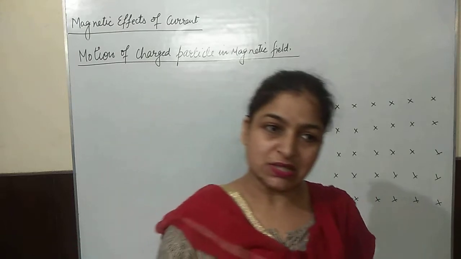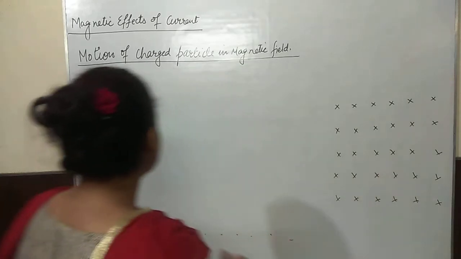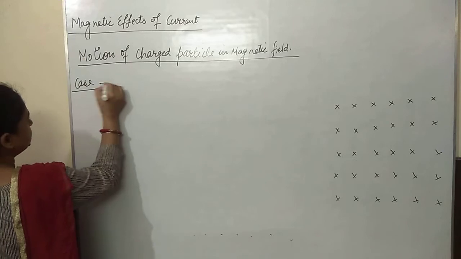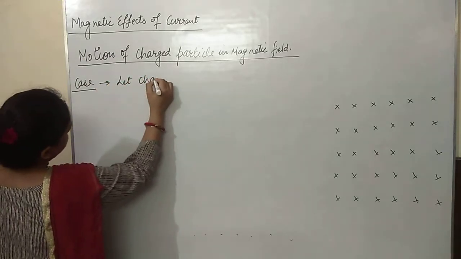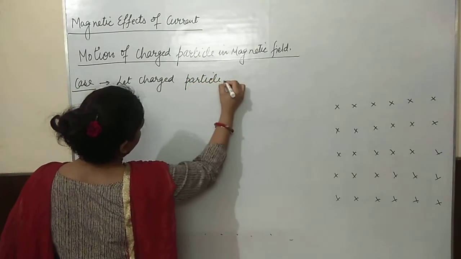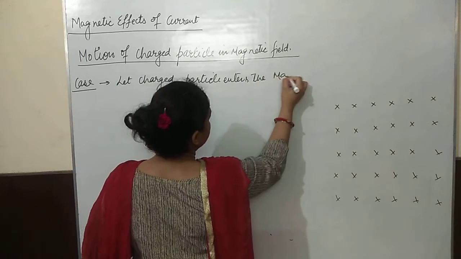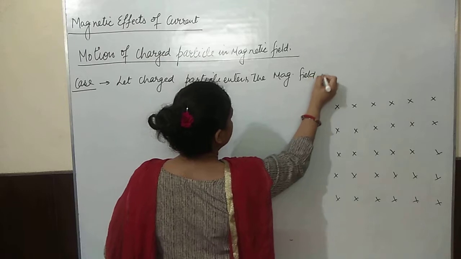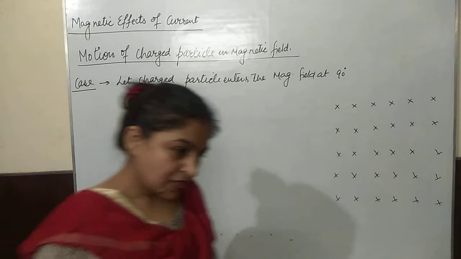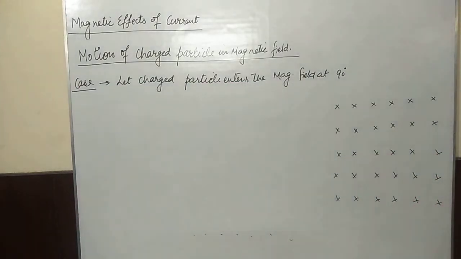First, let us consider case 1: the charged particle enters the magnetic field at 90 degrees, at right angle.